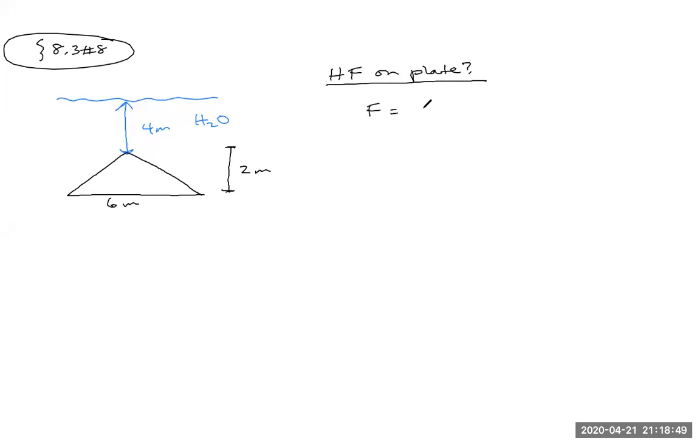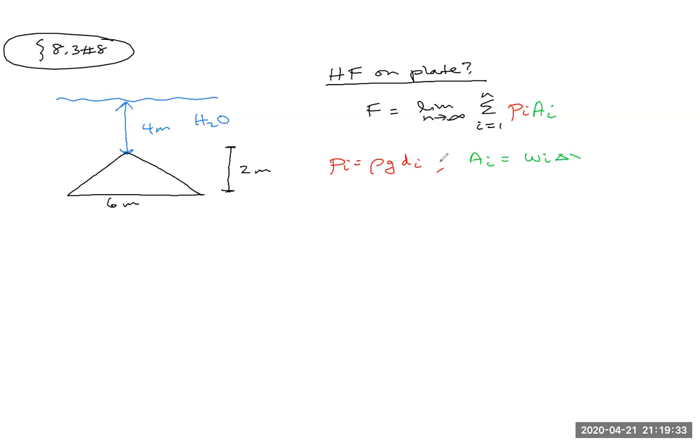Remember your formula, F equals limit n goes to infinity, sum i equals 1 to n, P sub i, A sub i. And then remember P sub i is rho g d sub i, and A sub i is w_i delta x.